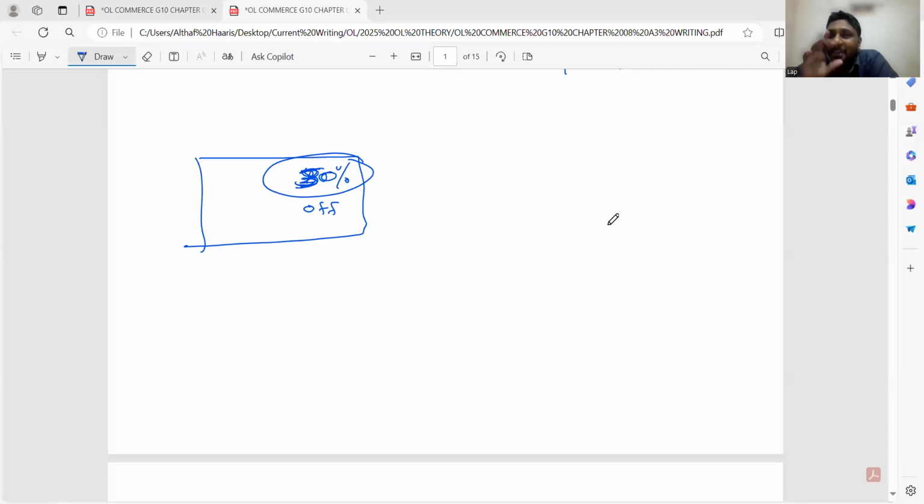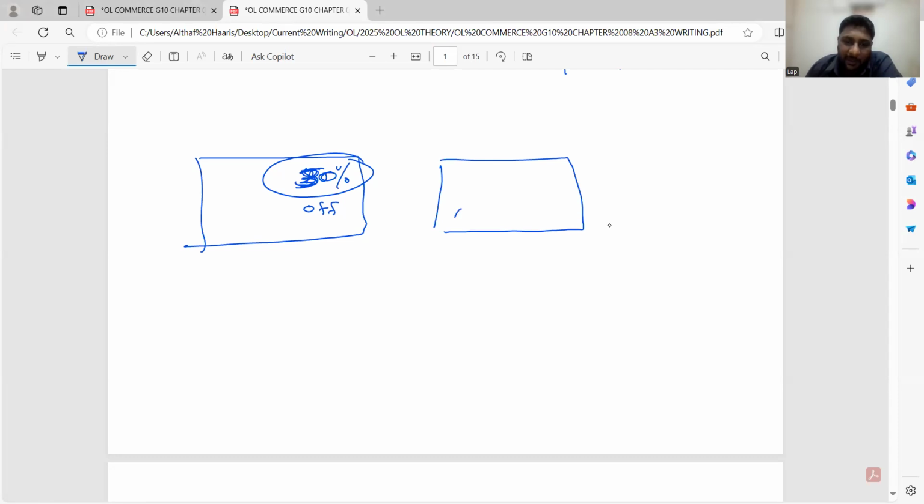When we see a discount tag, automatically, as human nature, we get attracted to it. So now we'll assume this particular product is priced at maybe 10,000.